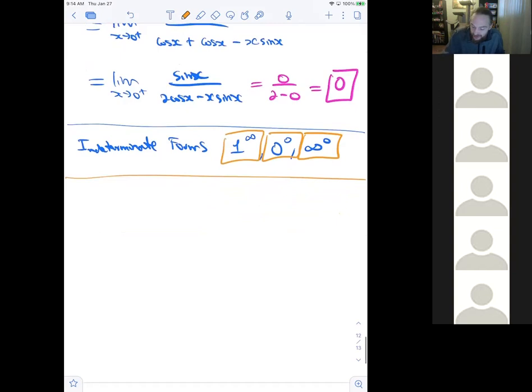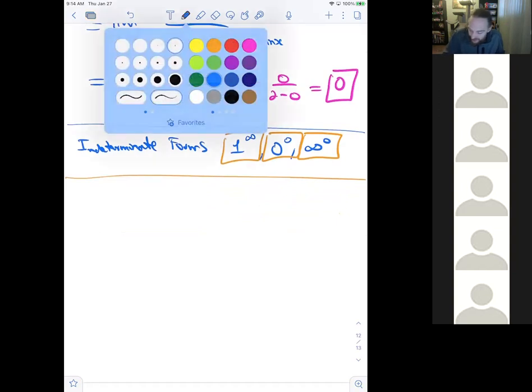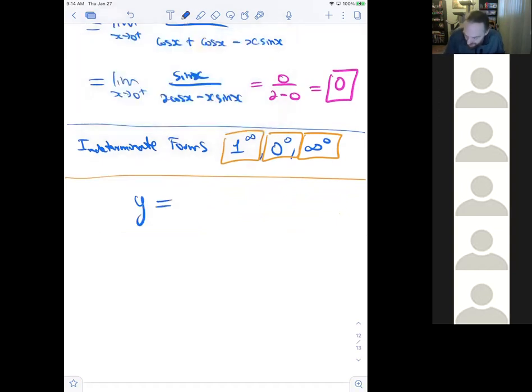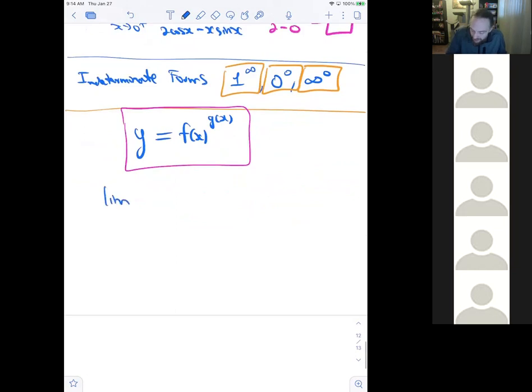These ones are explicitly saying that we have y equals f of x to the g of x. And so we have the limit as x approaches a of y is equal to the limit as x approaches a of f of x to the power g of x.